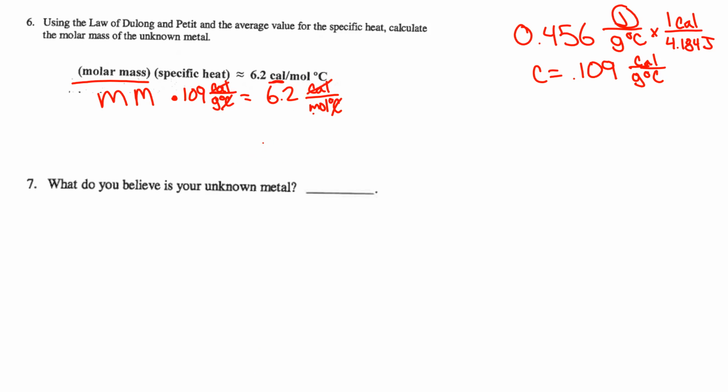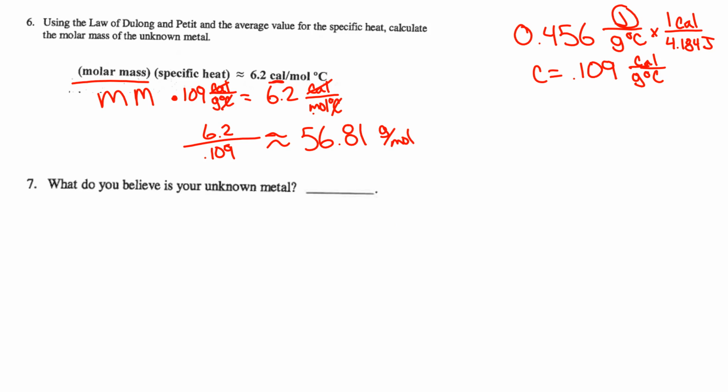When I do 6.2 divided by 0.109, that's going to give me an approximate number equal to, I get 56.81 grams per mole. All right, or I could say amu there.